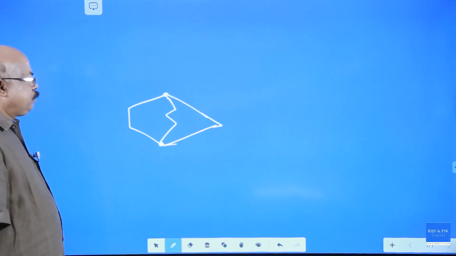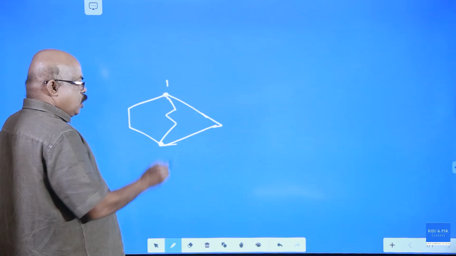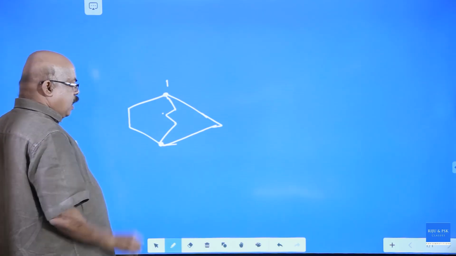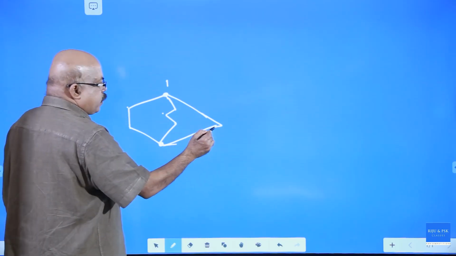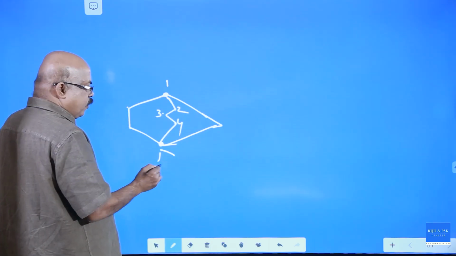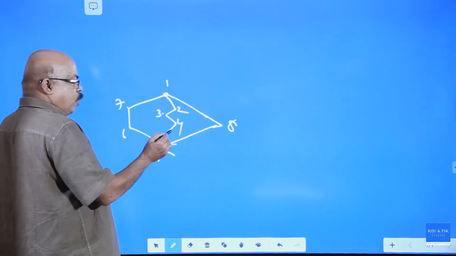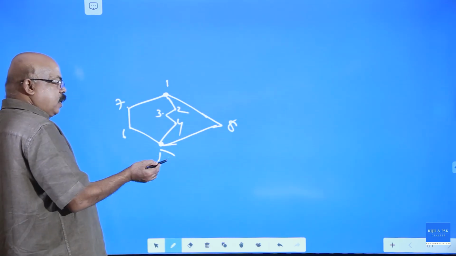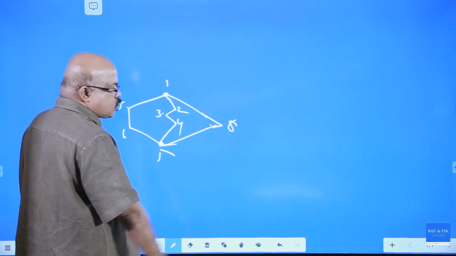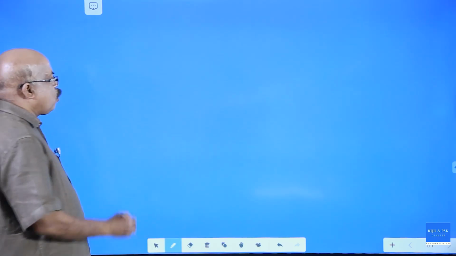Bridgehead carbon. Number the bridges: 3 carbon bridge, 2 carbon bridge, 1 carbon bridge. So this is 1, 2, 3, 4, 5, 6, 7, 8. Longest bridge, biggest bridge, smaller bridge, finally smallest bridge. This is the mode of numbering of bicyclo compounds.